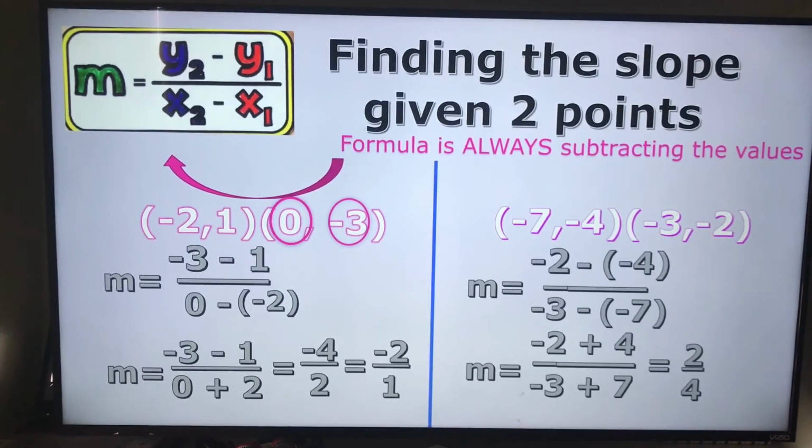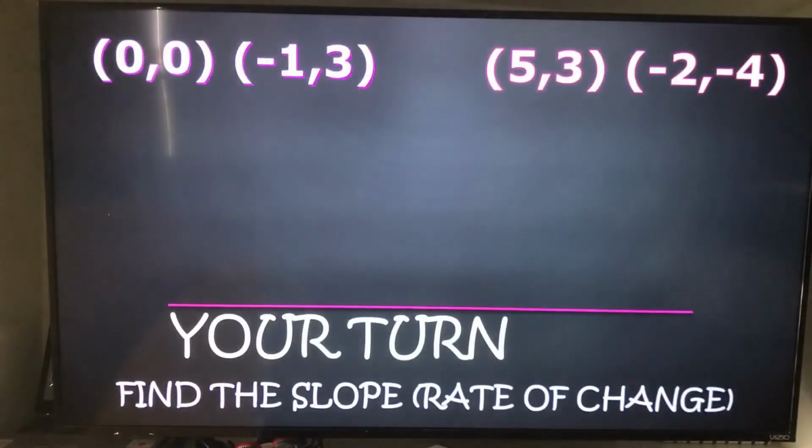Look at that. I can simplify it, and you must, to 1/2. Okay? So, showing your work, taking your time, and practicing your integer rules are very important. So now it's your turn. Pause the video and try these two on your own.